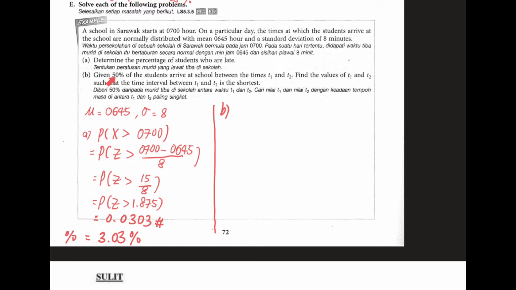They give 50%, which is 0.5. So we can take it as probability: P(T1 < T < T2) is 0.5. That gives us the probability, and then we need to find T1 and T2.